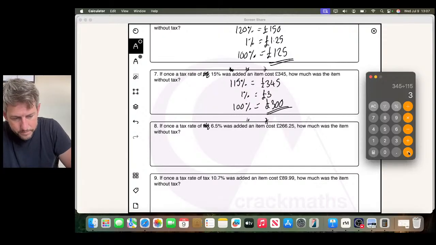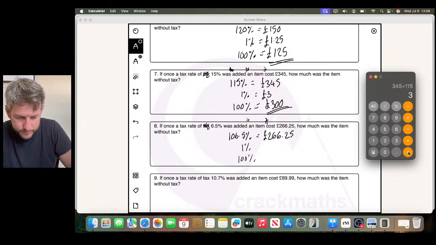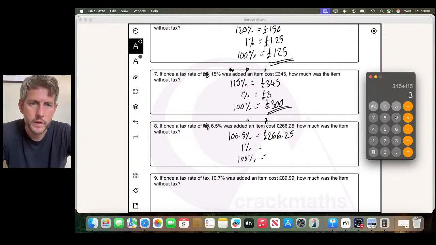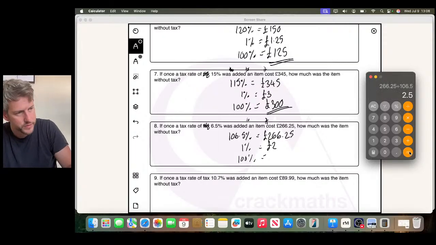Next one, we've got 106.5% equals £266.25. We can go to 1% and then we go to 100%. So 266.25 divided by 106.5 equals 2.5, £2.50 in other words, and that will be £250.